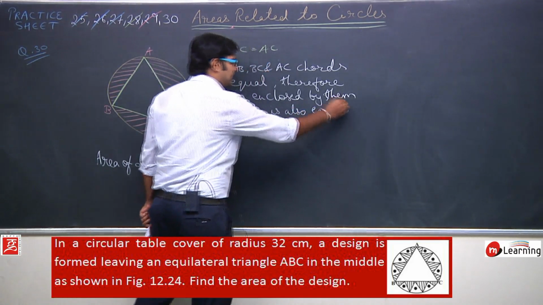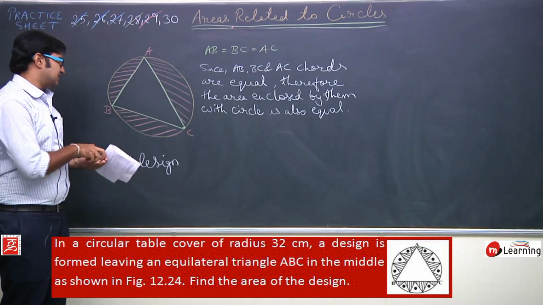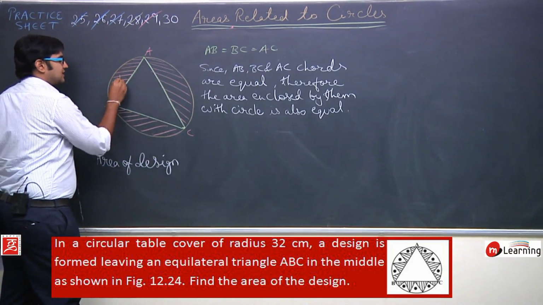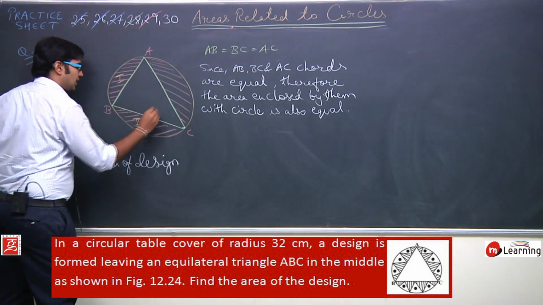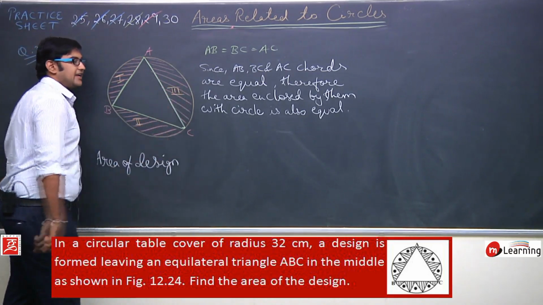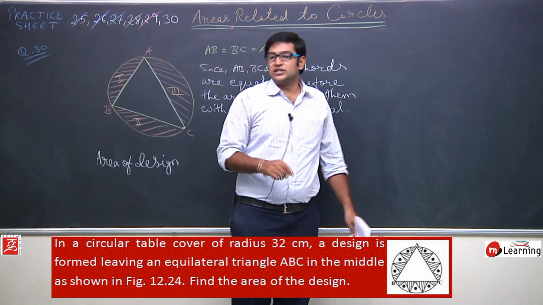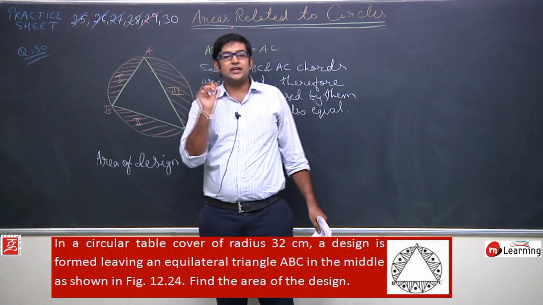So what I mean to say is that since AB, BC and AC are equal, these three areas, this is area 1, this is area 2 and this is area 3, these three areas are also equal in value. The three areas are symmetrical, they are equal.